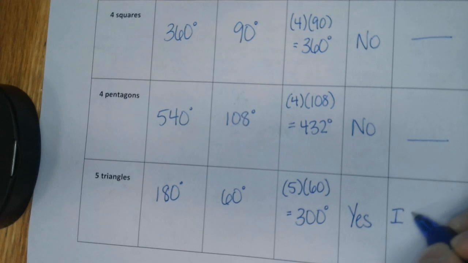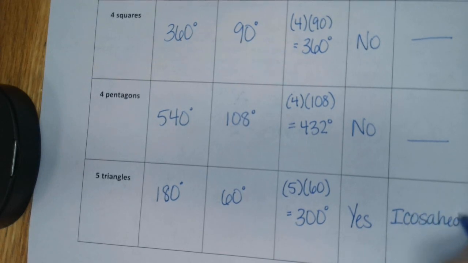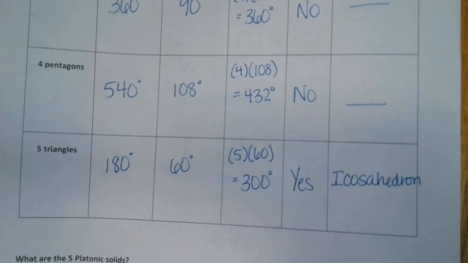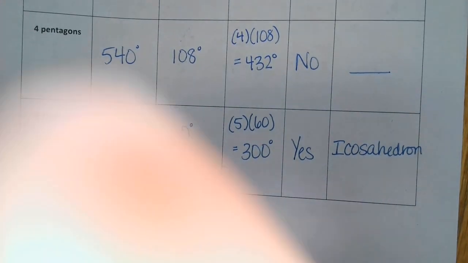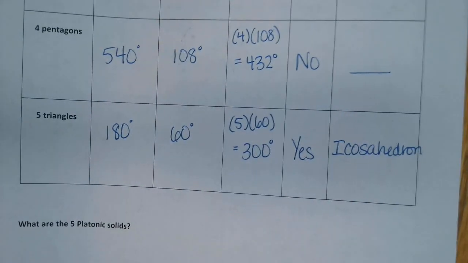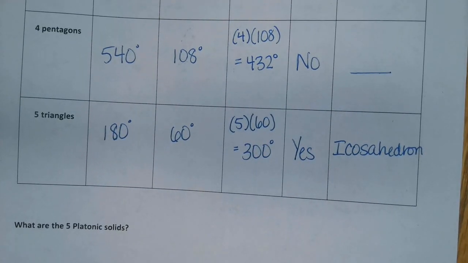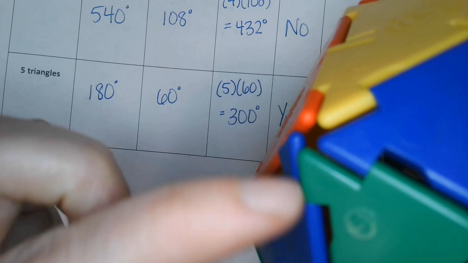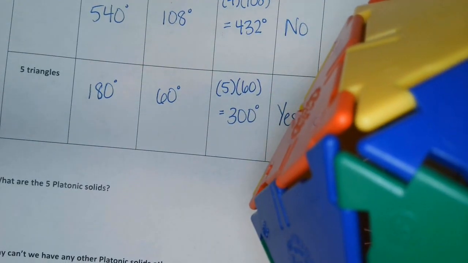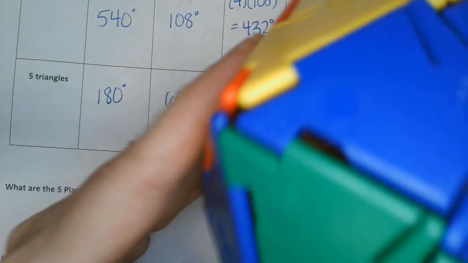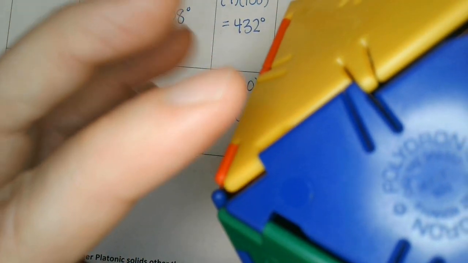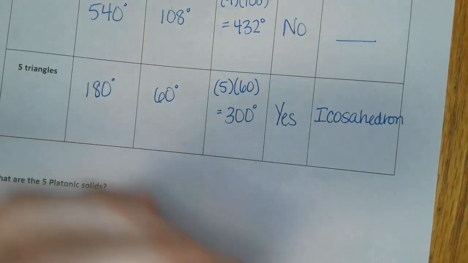And this is what we call an icosahedron. So that is this guy right here. Okay, we can see that we have 5 triangles coming together at a vertex. I don't want to take this apart to show you because this is really hard to put back together. But you could picture that there must be a little bit of space and then it folds down and connects.